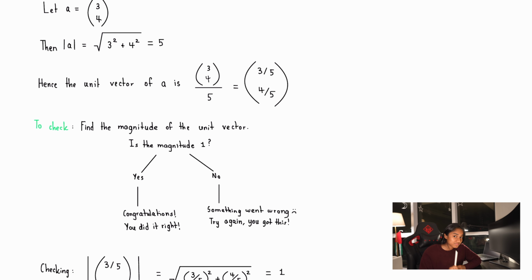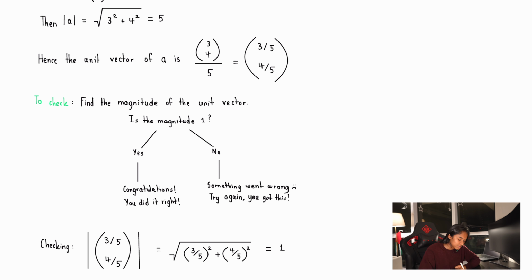We have to check that to know if it's correct. If the magnitude is 1, congrats, you did it right. If it's not, you did something wrong, do it over. So we have to check if the magnitude of our unit vector is 1. We checked it and the answer is 1, so this is correct. This is in fact the unit vector.